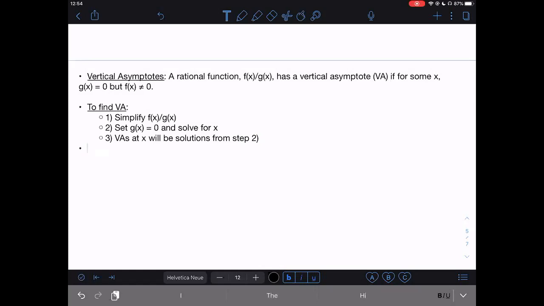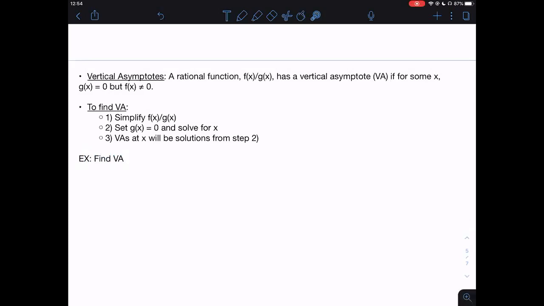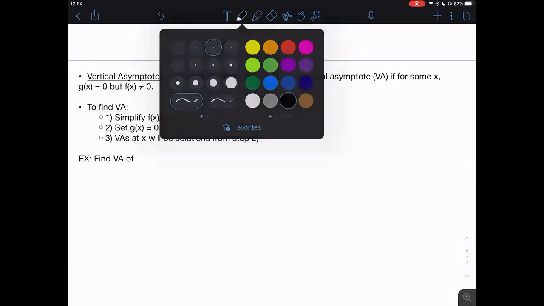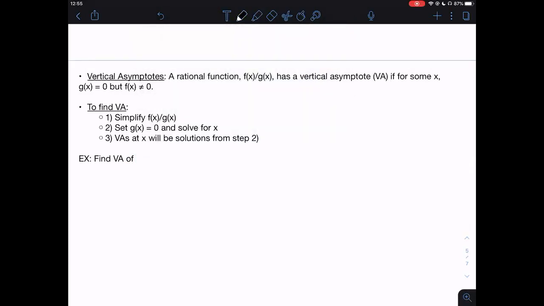So, for example, suppose we want to find the vertical asymptotes, which again I'll denote as VA from now on. Let's find the vertical asymptotes of the following function, f of x equals 3x plus 6 over x minus 2.